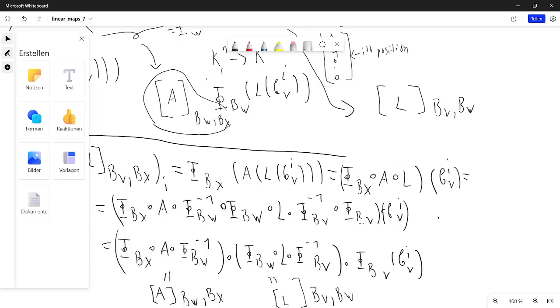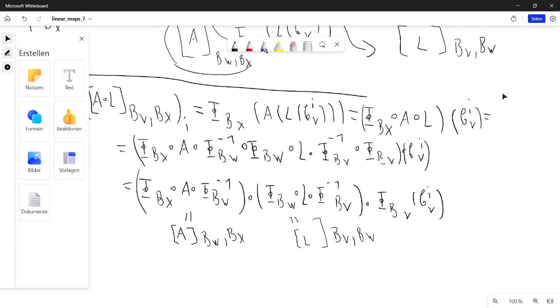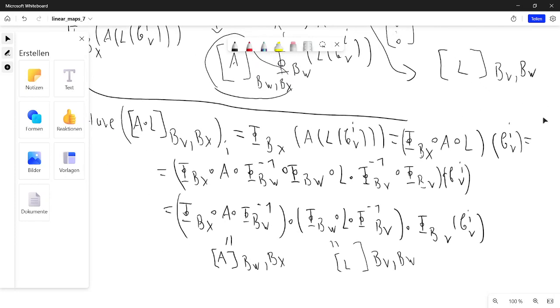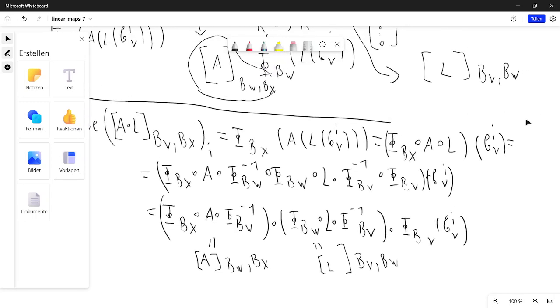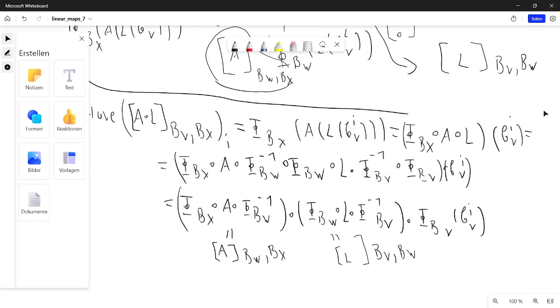Right. This is our coordinate vector. Right. Wow, and what do we see? We see that this column arises as matrix multiplication of this matrix with this column, which is the i-th column of what matrix?